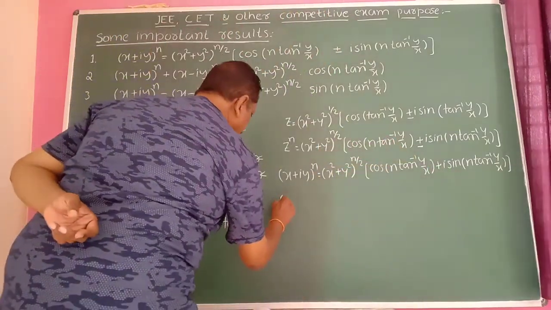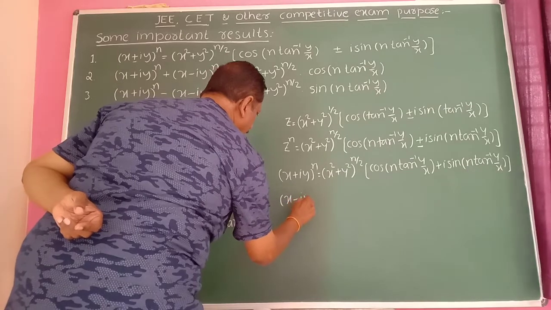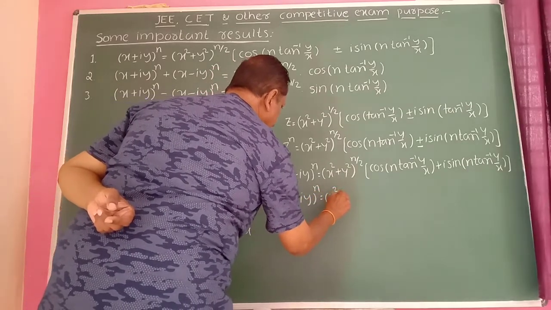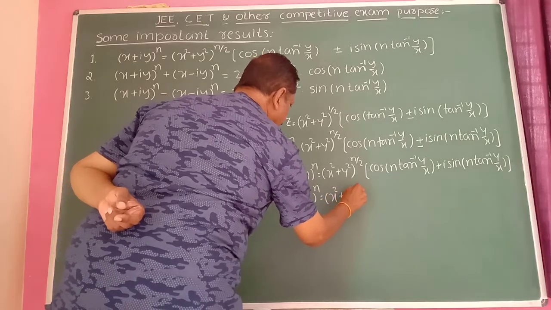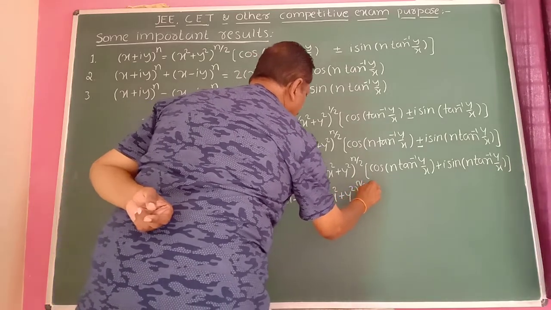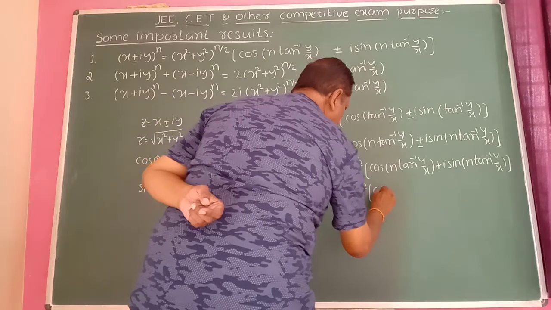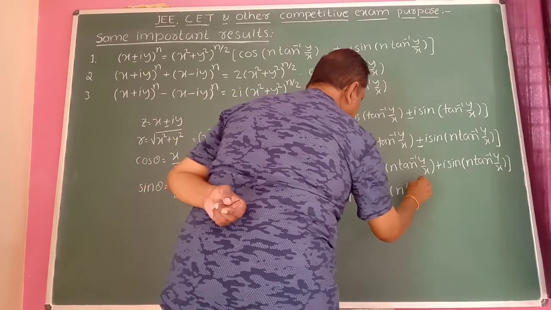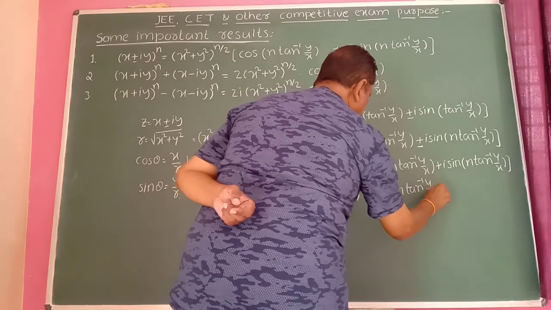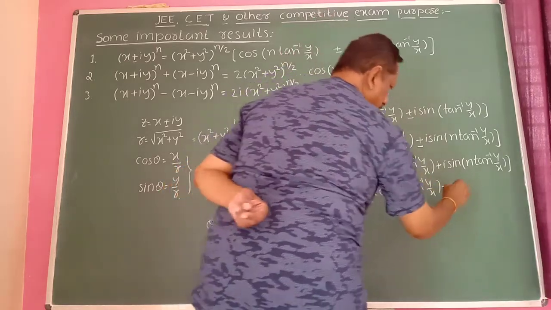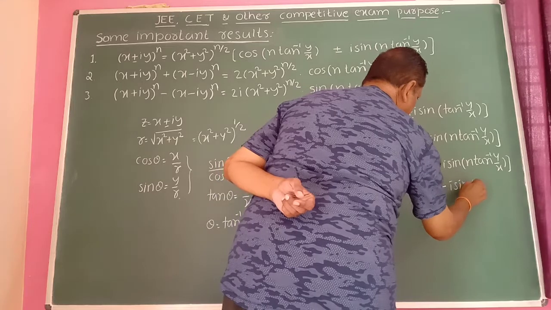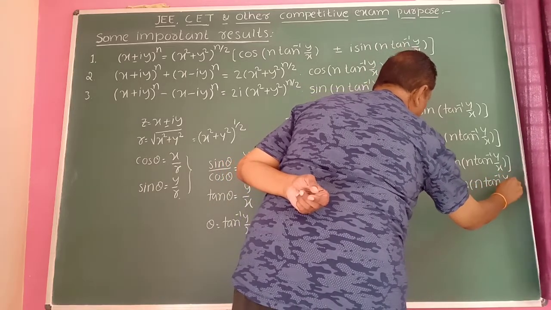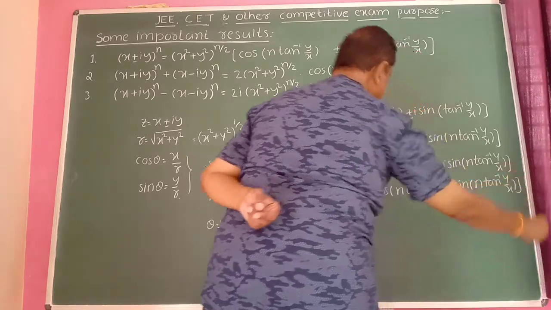Suppose if it is a minus here, x minus i y whole raised to n. In that case, x square plus y square raised to n upon 2 into cos of n tan inverse of y by x minus i into sin of n tan inverse of y divided by x.